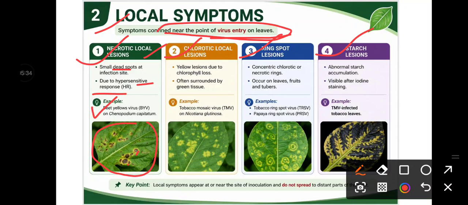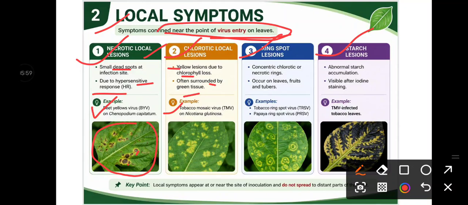So here yellow lesions will develop due to chlorophyll loss at or near the entry point of the virus, often surrounded by green tissue. An example of a virus producing chlorotic local lesion is the tobacco mosaic virus, TMV, on Nicotiana glutinosa.